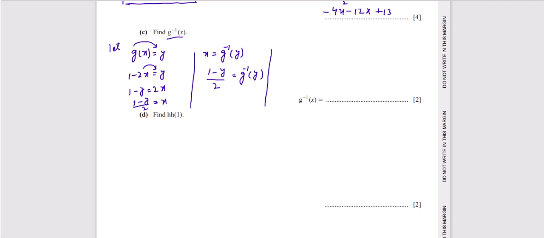Now replace y with x: 1 minus x over 2 is equal to g inverse of x. So the final answer is 1 minus x divided by 2.